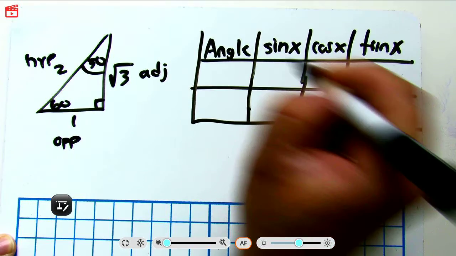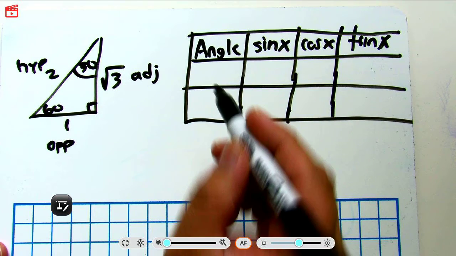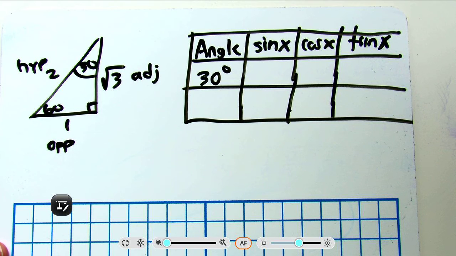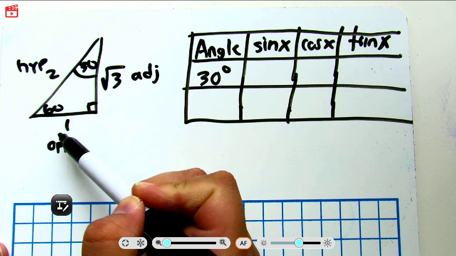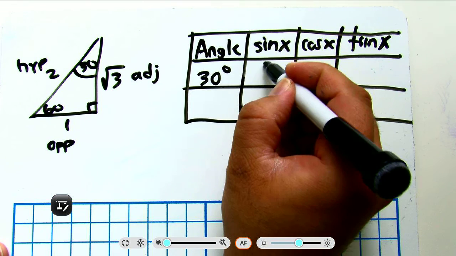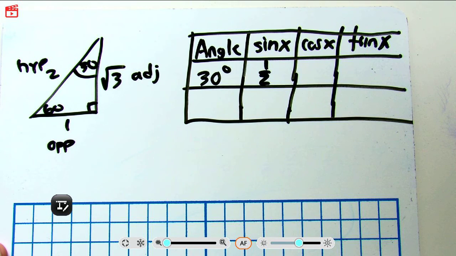And the first angle I'm looking at is 30 degrees. So what is the sine of 30 degrees? That is the opposite side over the hypotenuse. So 1 over 2. What is the cosine of 30 degrees? That's the adjacent side over the hypotenuse.